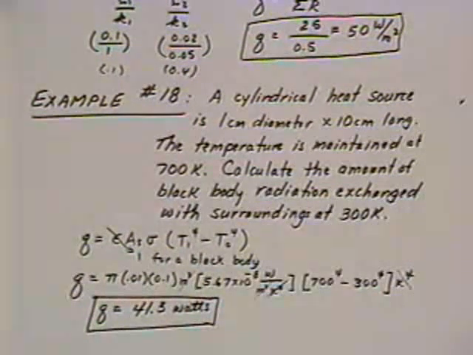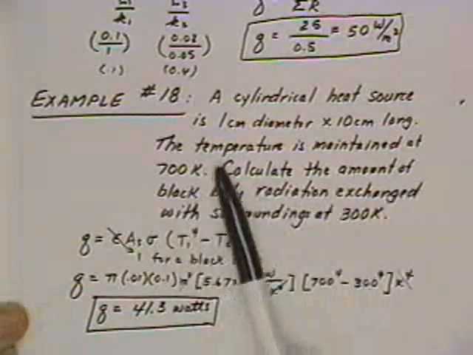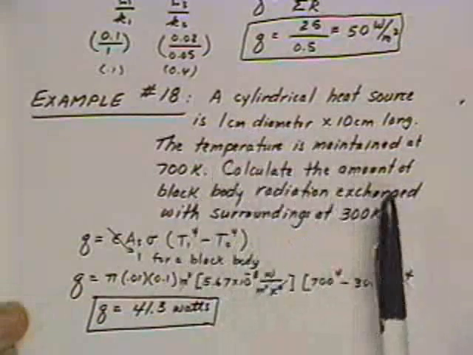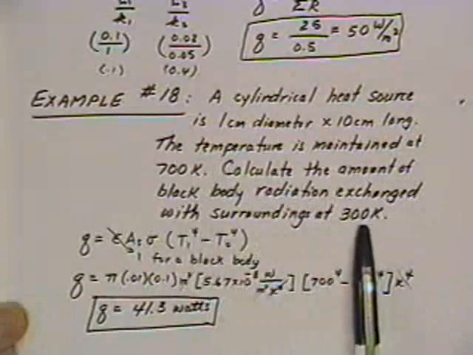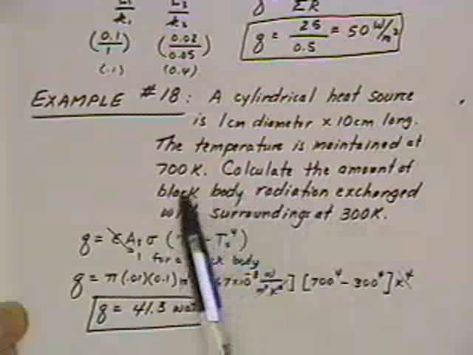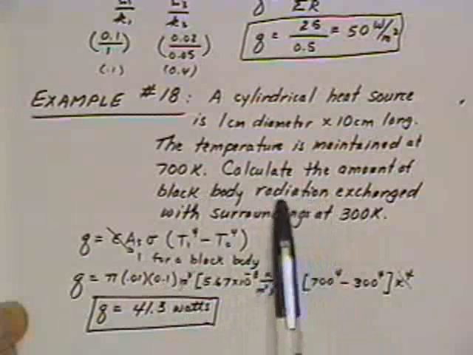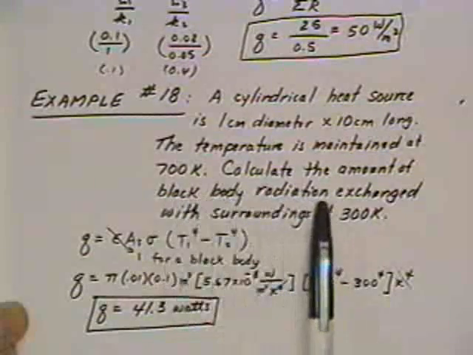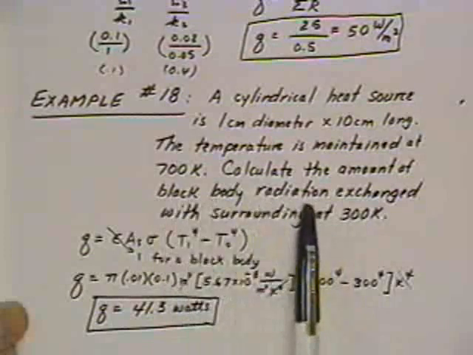We're maintaining temperature at 700 degrees Kelvin, and in this particular case we're going to allow this cylindrical heat source to exchange heat with surroundings at 300 degrees K, and we're going to make the assumption that this is black body radiation. So that means that's the most efficient radiation that we have, that there are no losses in the amount of energy that escapes the body.